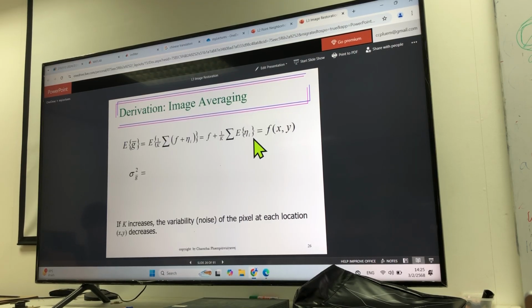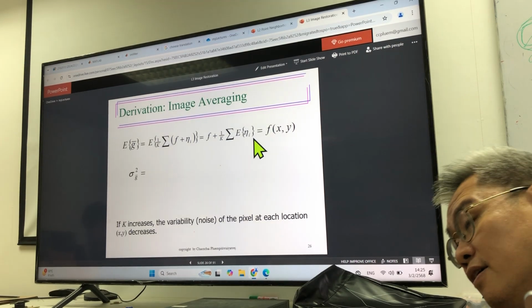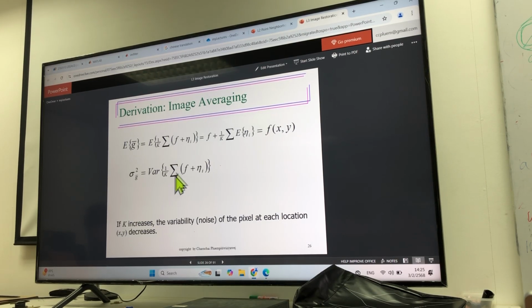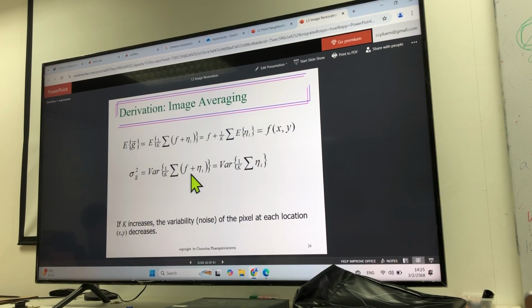How about the variance? The variance of G bar. According to the definition of variance, it is just the variance of G bar. G bar is 1 over K summation of F plus noise. Again, if F is constant, variance of constant is 0. So you end up with just the variance of 1 over K times the summation of the noise.